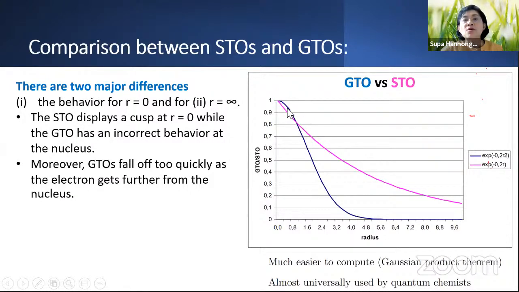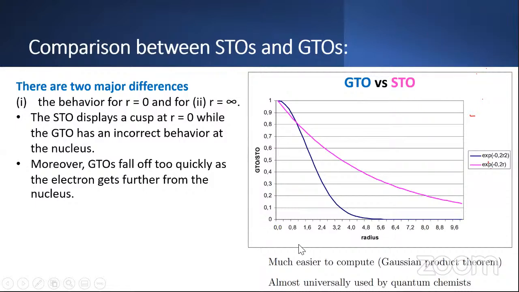You can see that incorrect behavior over here at the nucleus. And moreover, the GTO falls too quickly as the electron gets further from the nucleus. That means if the electron is close to the nucleus, it shows incorrect behavior over here. But when we are far away from the nucleus, the function falls too quickly.